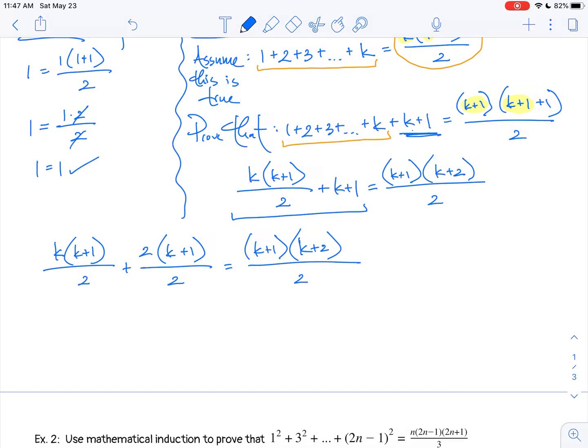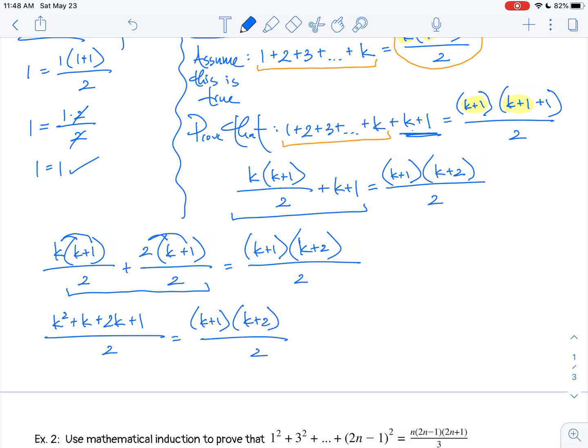All right, so let's go ahead and combine these two fractions, but at the same time, I'm going to distribute this k to here and this 2 to here. And that's going to give me k squared plus k plus 2k plus 1 over 2 equals k plus 1 times k plus 2 over 2.